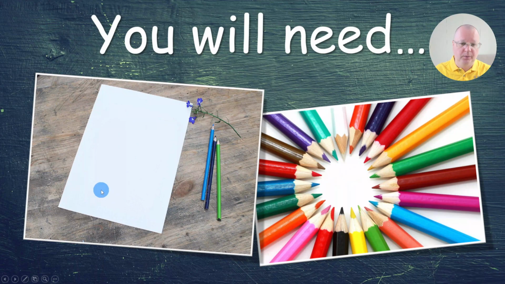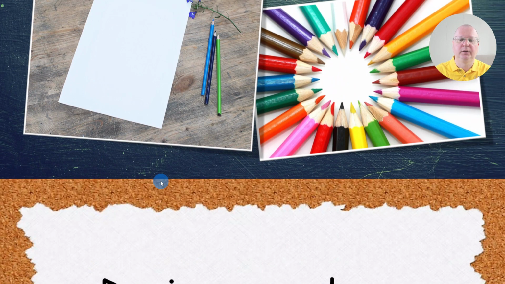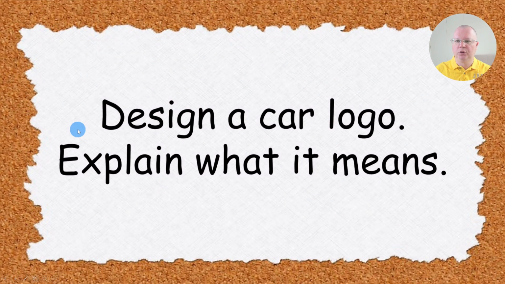They'll need a piece of paper, a few colored pencils, so you can put them into groups, into teams, and in their teams they can design a car logo and then give it maybe a name and explain what it means. When they finish it, they need to go together to the blackboard, draw a logo on the blackboard, and then explain what it means to the whole class. It's a very creative assignment.